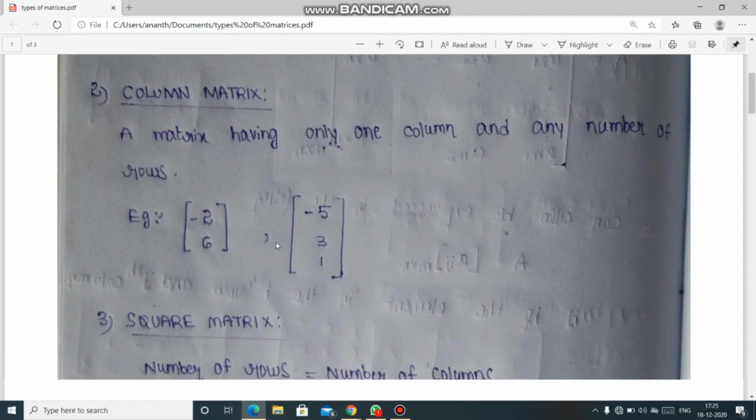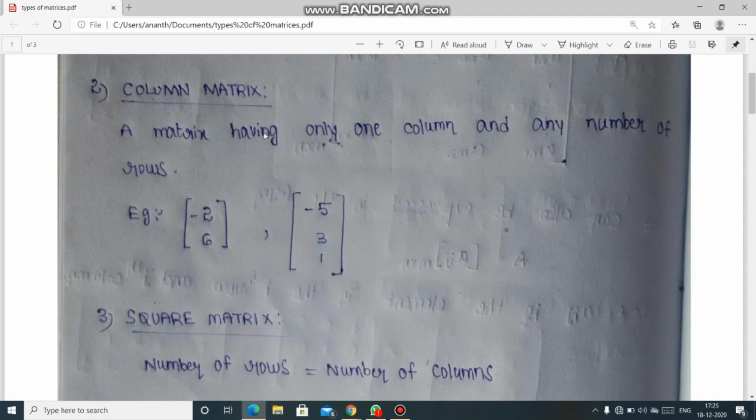Second one, column matrix. A matrix having only one column and any number of rows. Example: minus 2, 6. This matrix contains a single column and two rows, so it's a column matrix. And next one, minus 5, 3, 7.